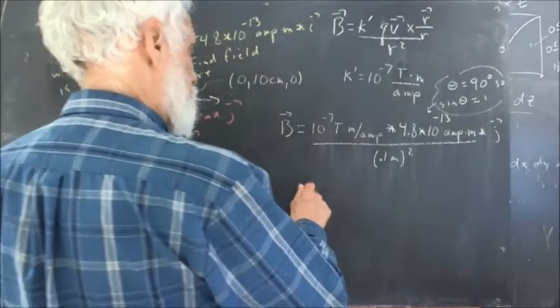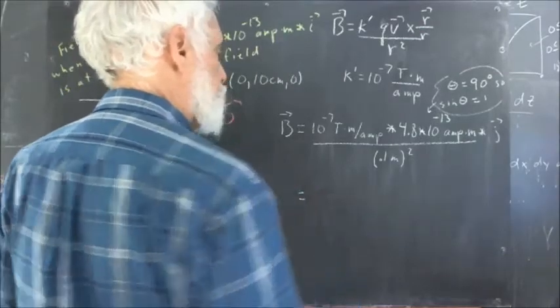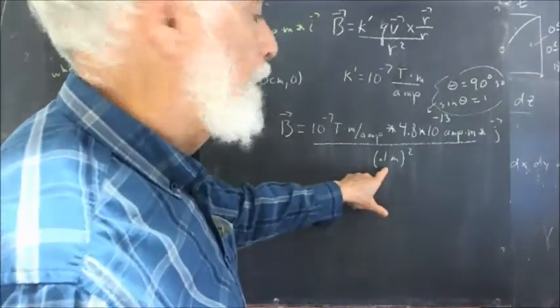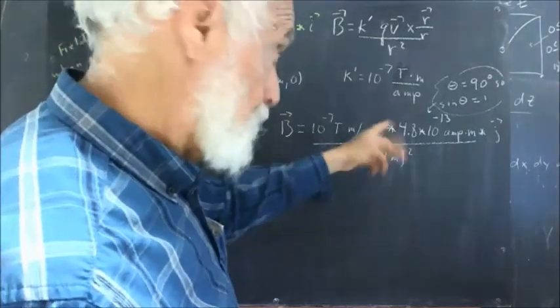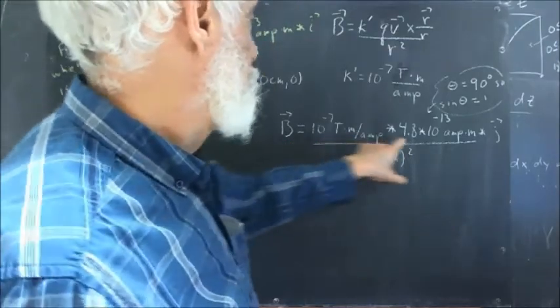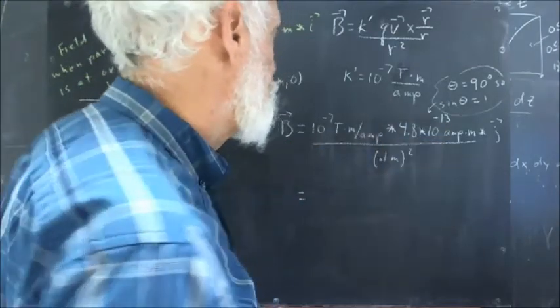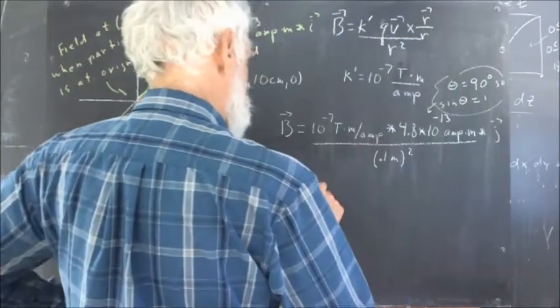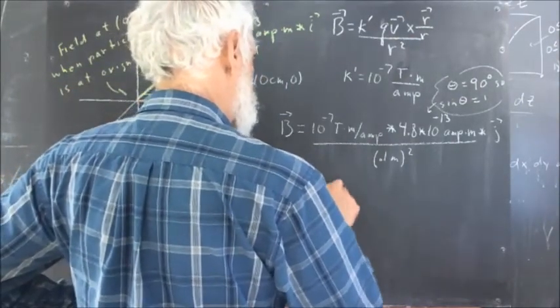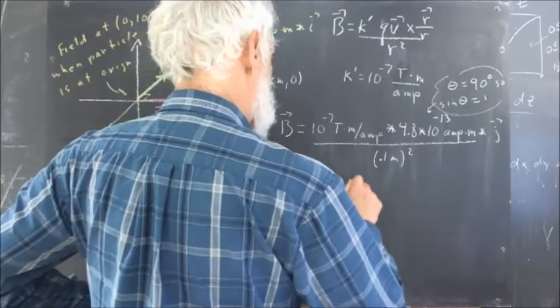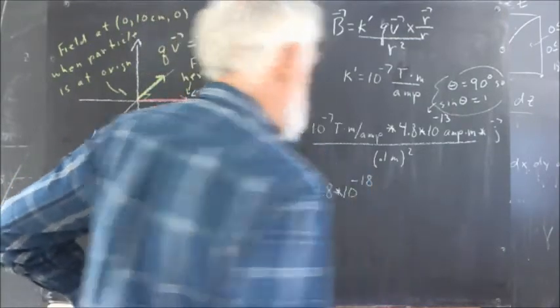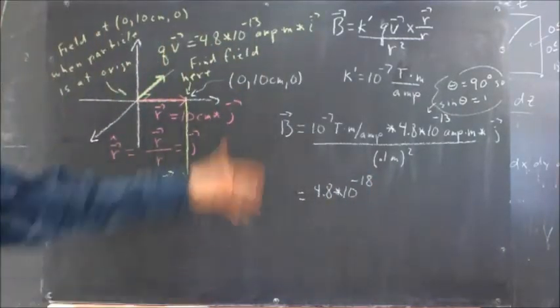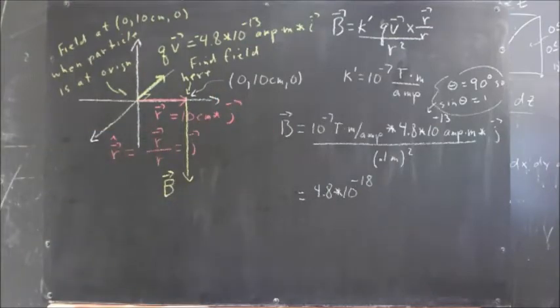Having squared that, we get 10 to the negative second, so the numerator is 4.8 times 10 to the negative 20th. Dividing that by 10 to the negative 7th, we get 4.8 times 10 to the negative 18th. And that should come out in Tesla, because Tesla is the unit of the magnetic field.